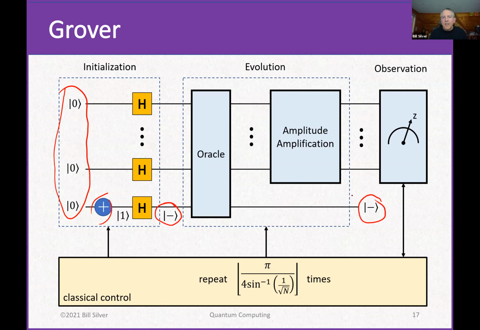It doesn't change, it doesn't get entangled with anything else. And we know that if we take the oracle, which can then negate the state that we're looking at, and run it through an amplitude amplification circuit, and we can do it the right number of times, the net result is going to be that one of the quantum states has amplitude that is very nearly 1.0. The one that we're looking for is going to have an amplitude that is very, very close to 1.0, so that when we observe it, we're going to be observing the state that we want.